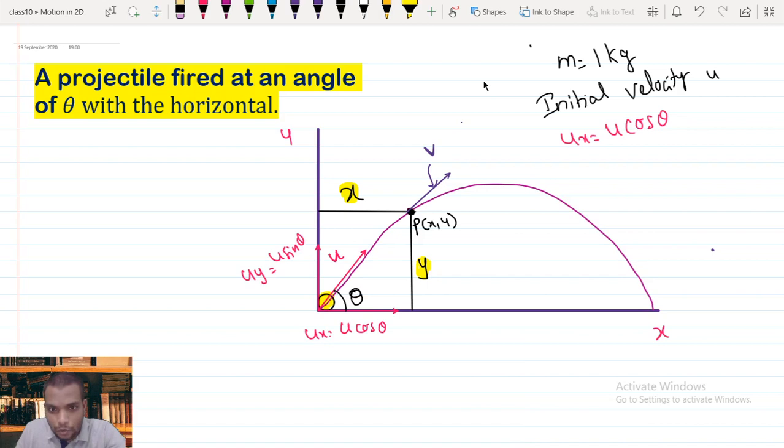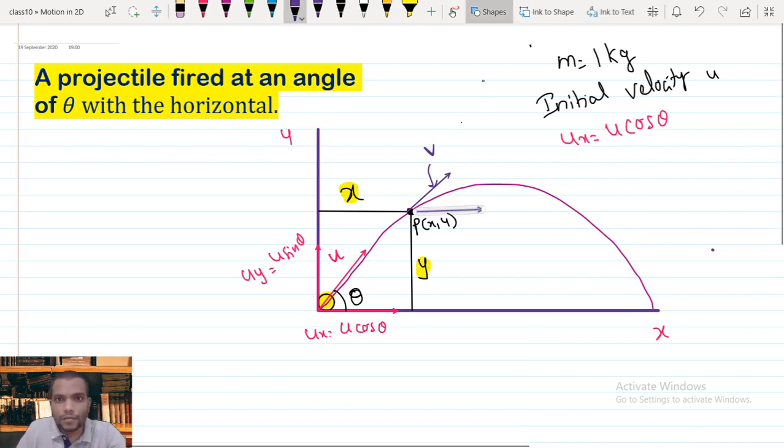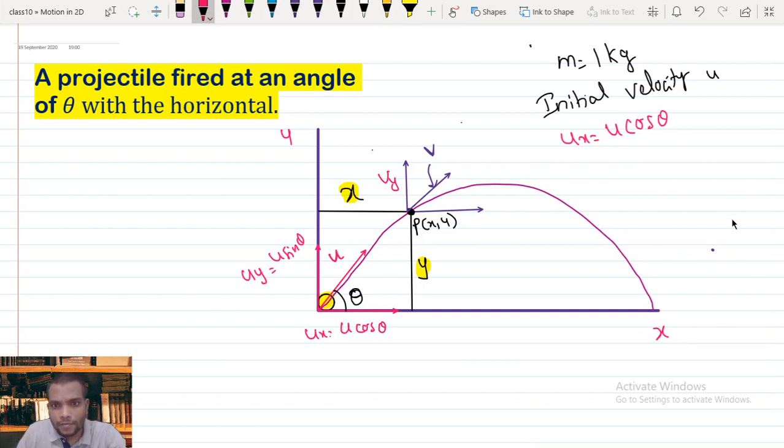This velocity at this point is resolved into two components, a horizontal component and a vertical component. I label the vertical component v suffix y and the horizontal component v suffix x.